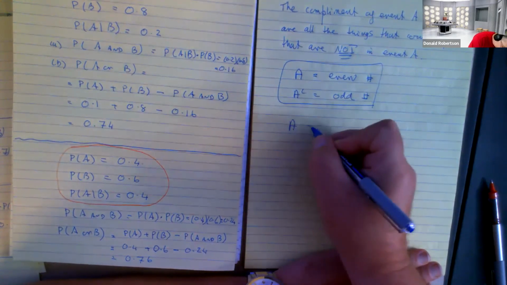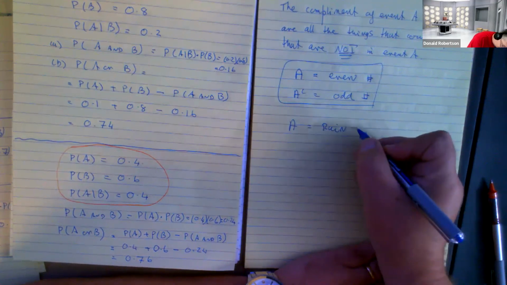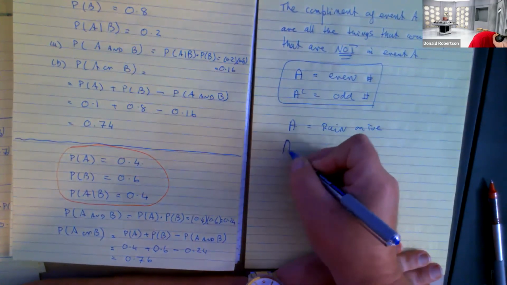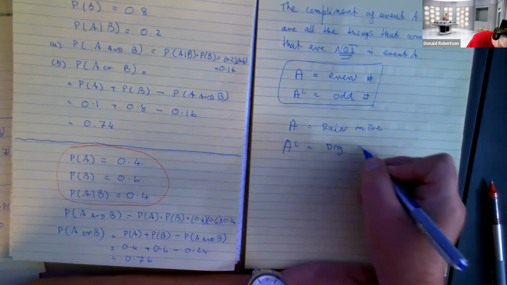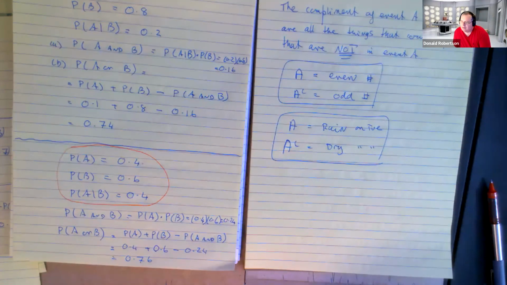If A is it's going to rain tomorrow, won't the complement of A be that it's not going to rain? We'll call that dry. So the complement of A is the exact opposite of A, right?